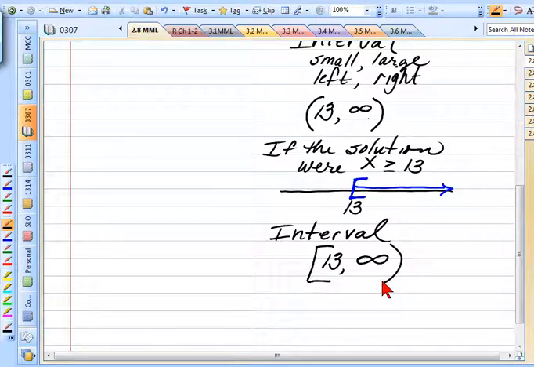Infinity, always, always parentheses. This interval, you would say, it goes from 13 to infinity, and 13 is included in the solution. Whereas this upper one, right here, from 13 to infinity, but 13 is not included.